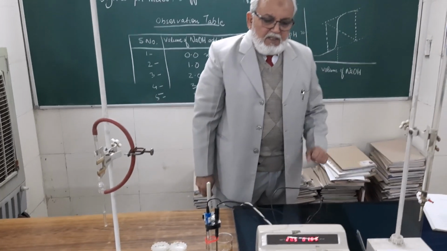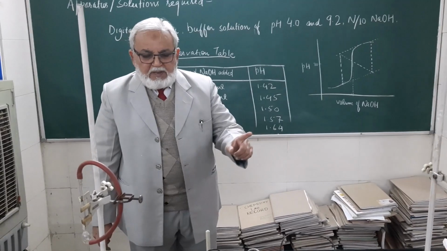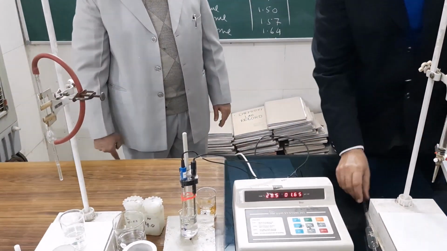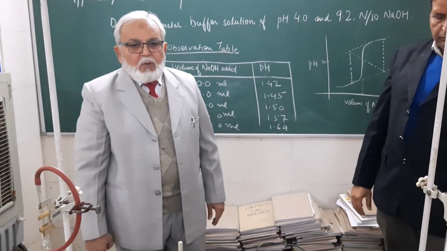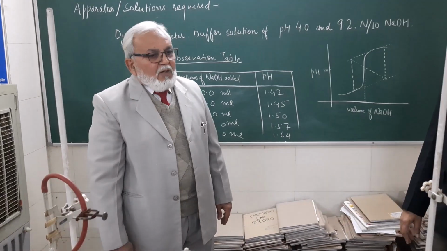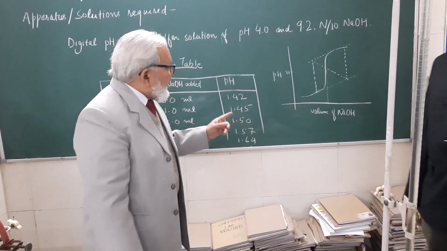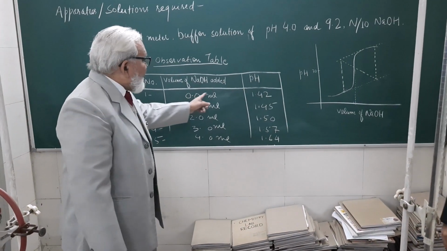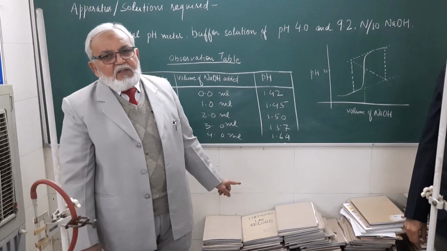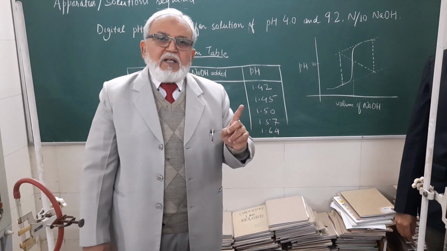You will see that after every addition of NaOH from the burette, the pH of the solution goes on rising. The pH of NaOH is approximately 10, and the pH of this acidic solution was 1.42, so with the addition of NaOH the pH will go on rising.